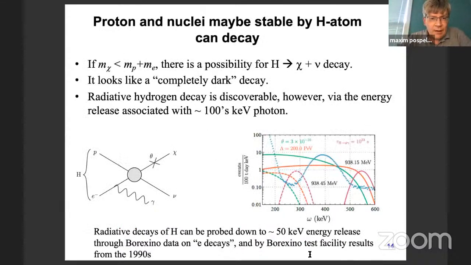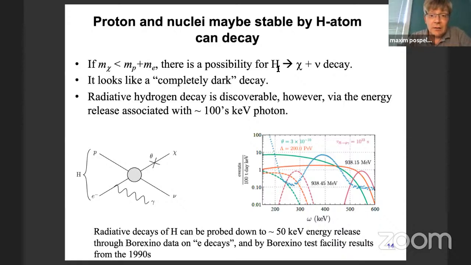So the first topic I wanted to discuss is the situation where m chi is smaller than the mass of the proton plus the mass of the electron, but not much smaller, so within an MeV or so. In that case, the hydrogen can decay to a new fermion plus a neutrino, but the proton itself is stable.